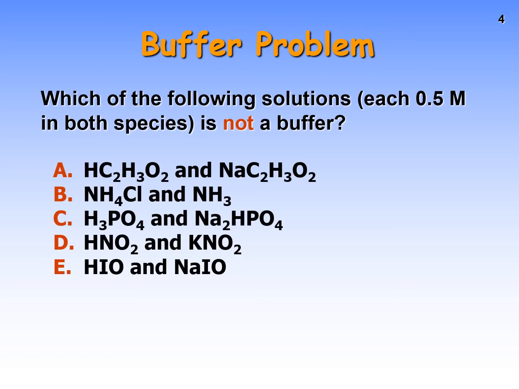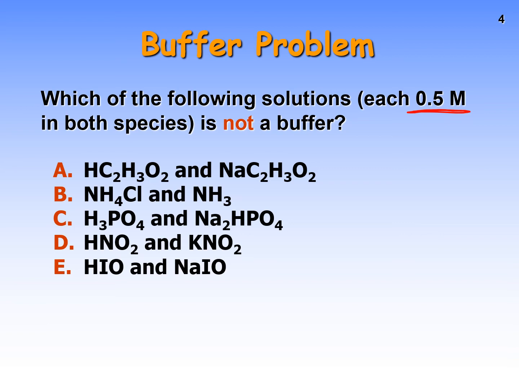So let's do a buffer problem, right? Which of the following solutions, we're going to say each species is at 0.5 molar, is not a buffer? Now, really what we need to be able to determine here is which two are a conjugate pair. That has to be true. And then the second thing is they have to be a weak acid and its conjugate base, or a weak base and its conjugate acid.